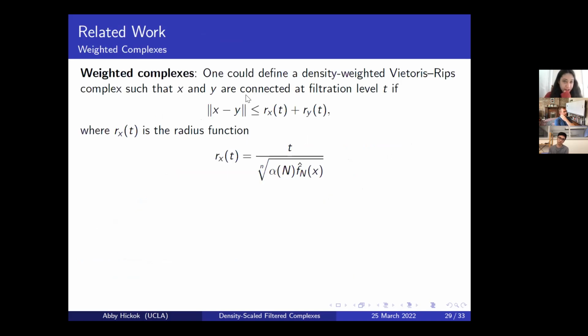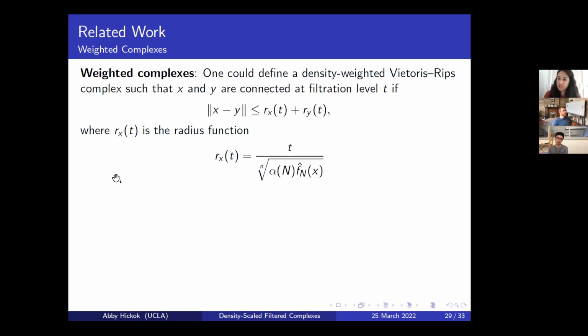Right, so I was talking about weighted complexes. You could define a density weighted complex where at each point we define a radius function to be t divided by the same factor that I used to scale the Riemannian metric. Then we could define this density weighted Rips complex by saying x and y are connected at filtration level t if their Euclidean distance is less than the sum of their radius functions.